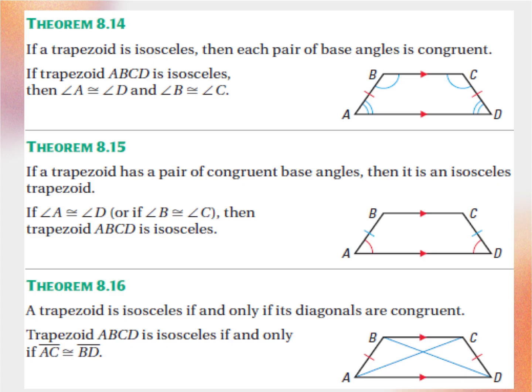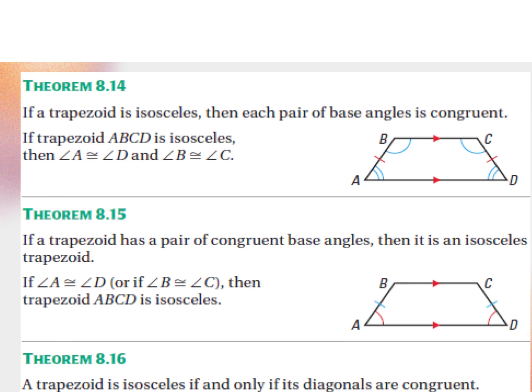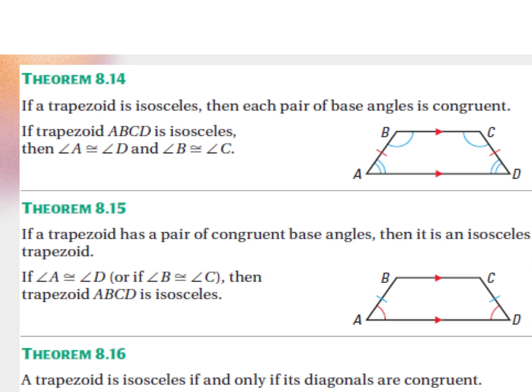All right, covering our theorems. They did not write the name of the theorem, so we're going to go ahead and write it on there. Looking at the first one, if a trapezoid is isosceles, then each pair of base angles is congruent. So this is the isosceles trapezoid base angles theorem.